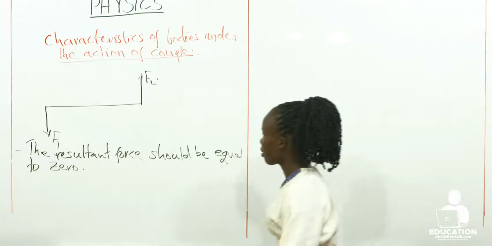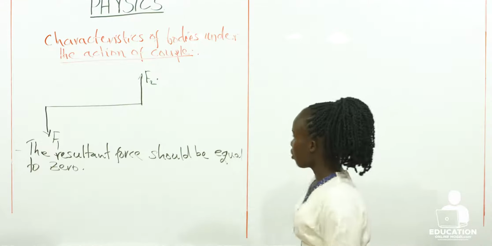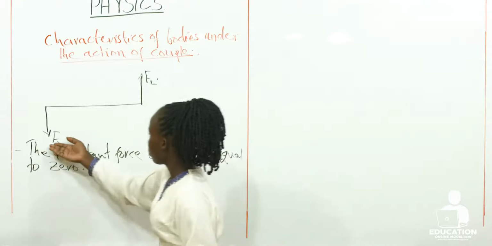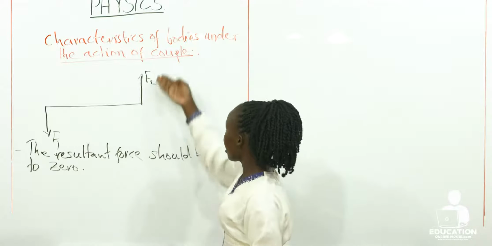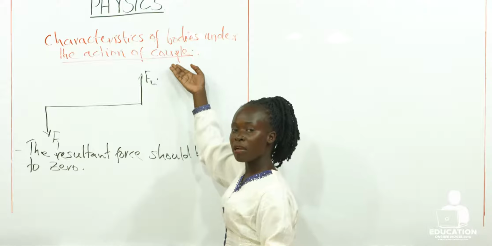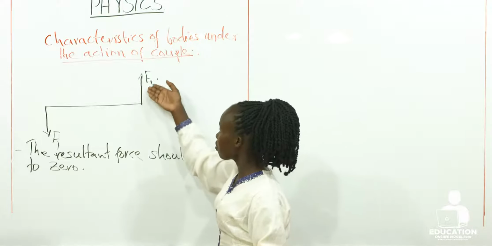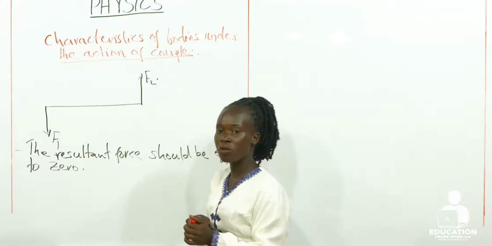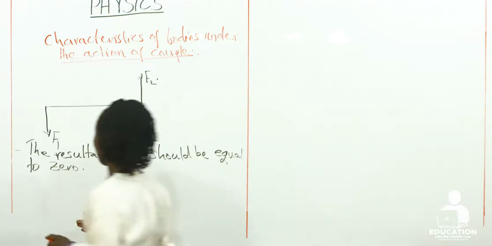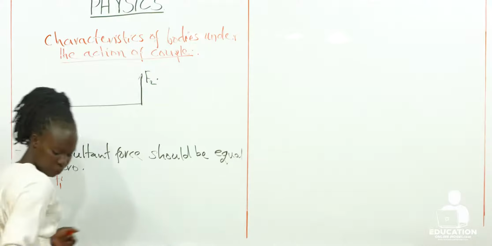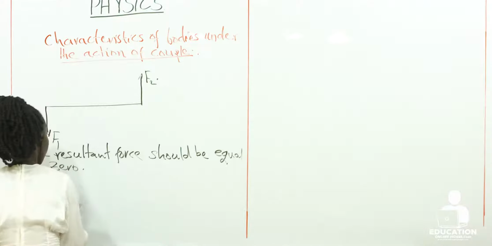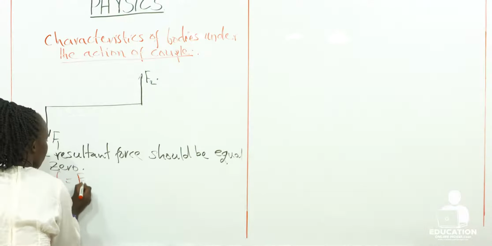We already said that for this force here to balance up with that force, and for you to get a couple, your force F1 should be equal to force F2.